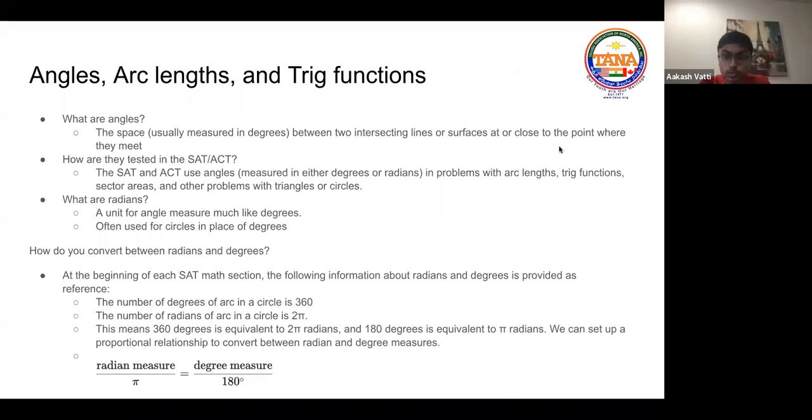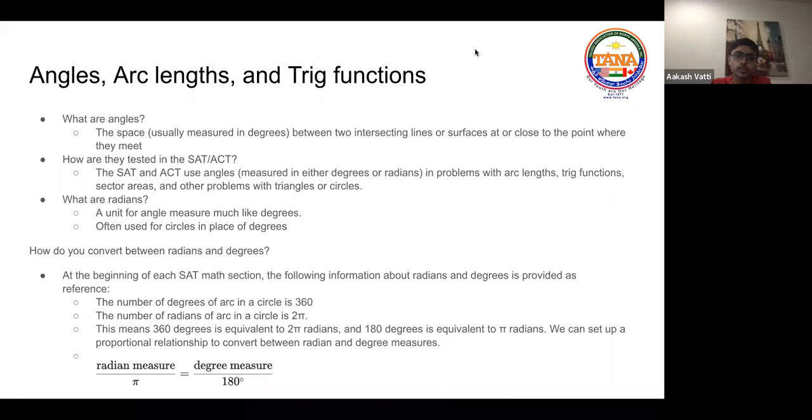And we'll jump straight into how we convert between degrees and radians. At the beginning of the SAT math section, the following information is given about radians and degrees. You have 360 degrees in a circle, and the number of radians of an arc in a circle is 2 pi. Due to that, 360 degrees is equivalent to 2 pi radians, and 180 degrees is equal to pi radians.